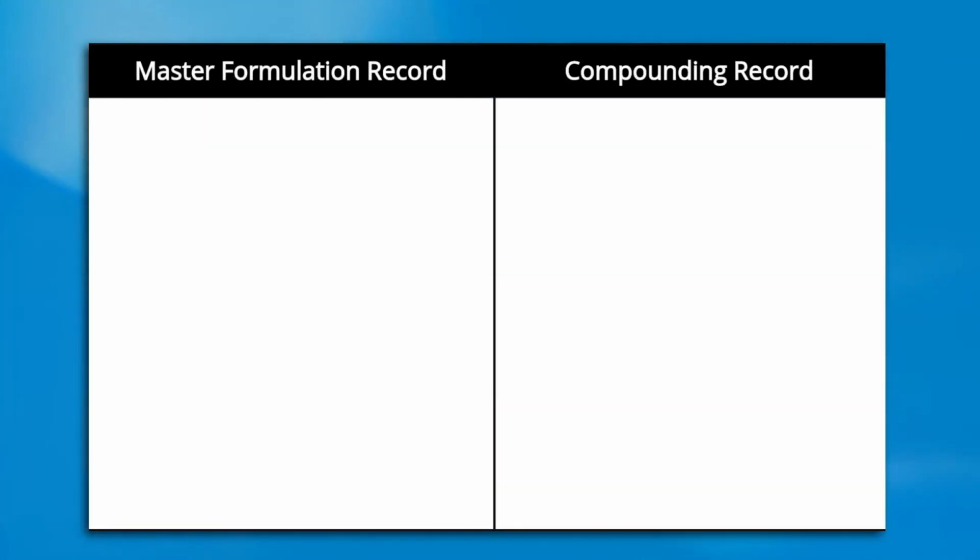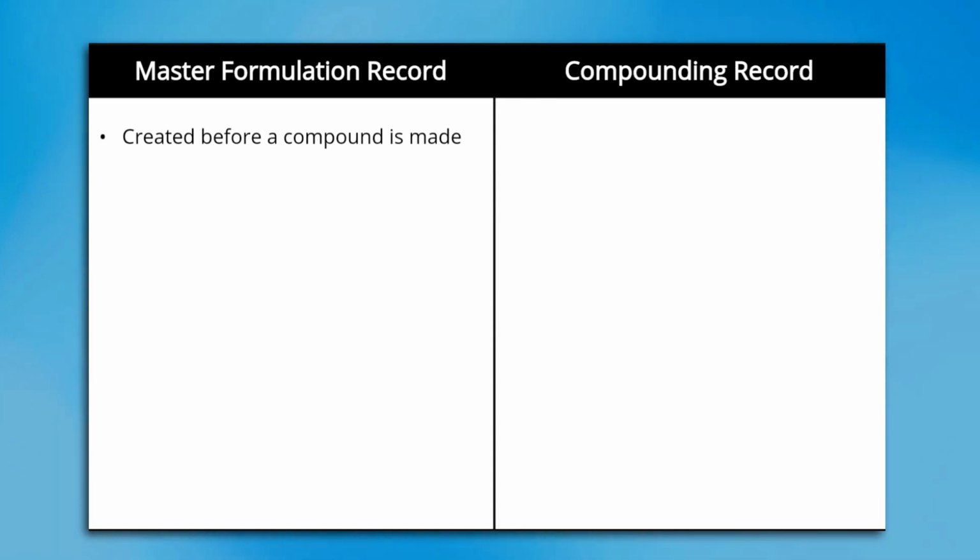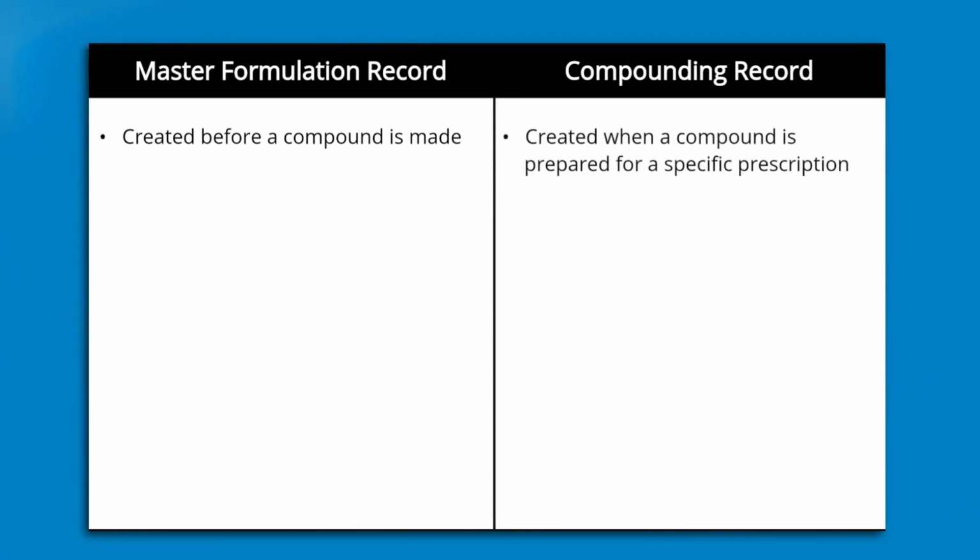Before walking through the development of a master formulation record, it is important to review the differences between a master formulation record and a compounding record. When comparing an MFR and a compounding record, the main difference is that one MFR is created and referenced each time a compound is made, but there is a new compounding record created each time that compound is prepared and dispensed.